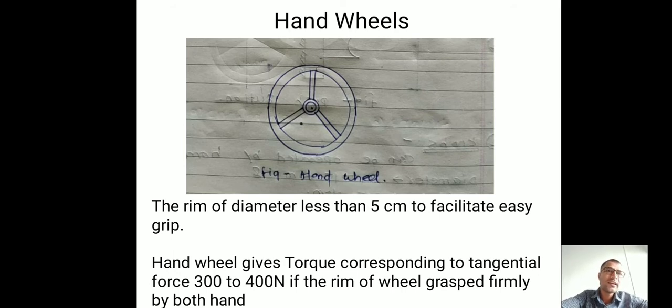So if we say the diameter of this hand wheel should be less than 5 centimeter for the purpose of easy grip. Means while designing hand wheel, we have to keep in mind the diameter should be less than 5 centimeter.